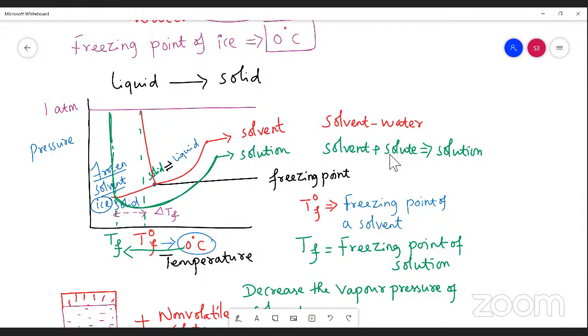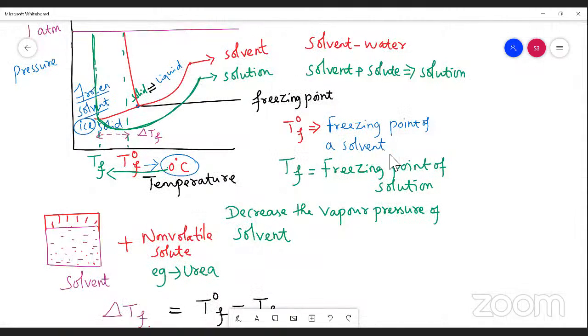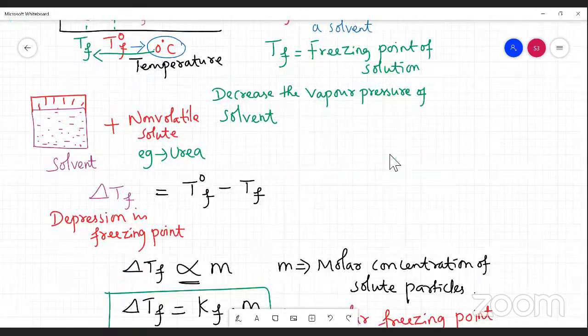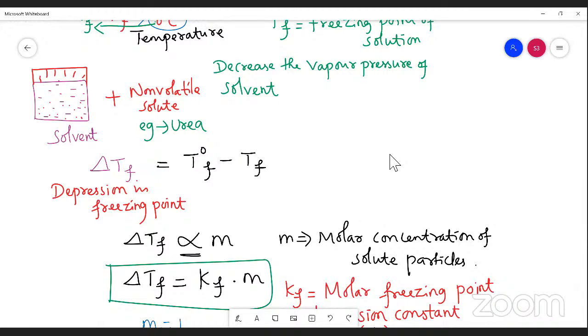In the same manner, I add one non-volatile solute into that solvent, so the freezing point of the solution keeps decreasing. Whenever the freezing point of a solution decreases, the difference between T naught F and TF is called the depression in freezing point, del TF. The mathematical expression is T naught F minus TF.